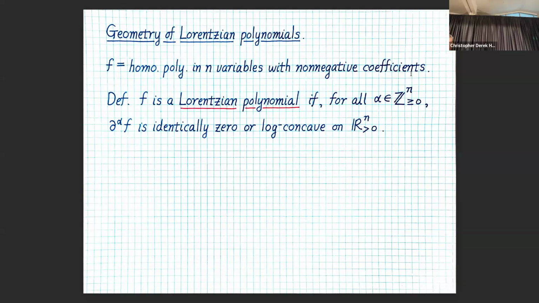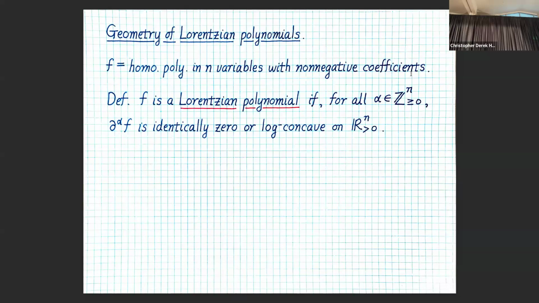And the definition is that we say f is a Lorentzian polynomial if for all non-negative exponent vectors alpha, the partial derivative of f with respect to alpha, which means taking the directional derivatives in coordinate directions given by alpha, is either identically zero or log concave on the positive orthant.